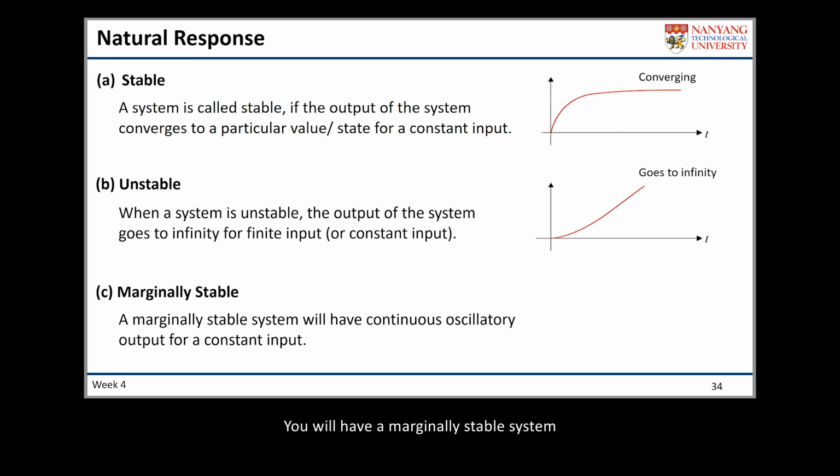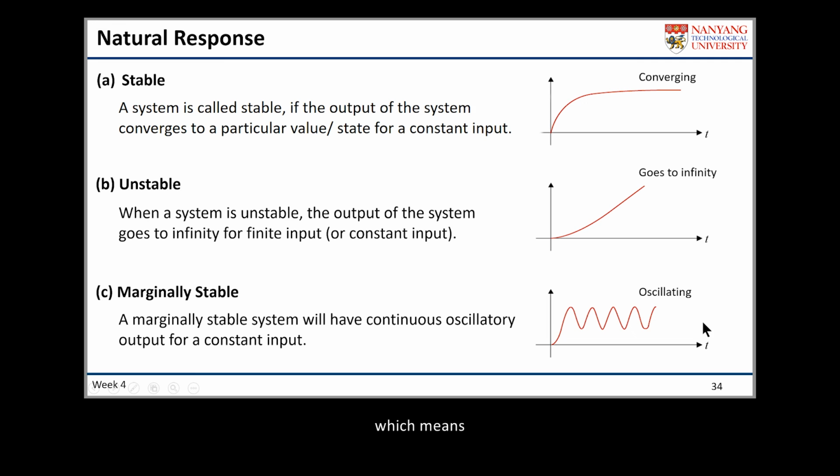You will have a marginally stable system if, after you give a constant input, the output is continuously oscillating. Something like this, which means the output is not going to infinity, nor does it converge to one single value. It keeps oscillating all the time. So this is what we call a marginally stable system.